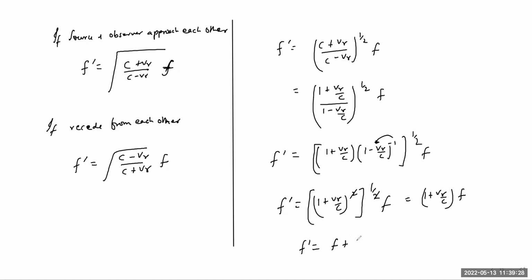F dash is f plus Vr by c into f, and I can take f this side, so f dash minus f, or the frequency shift, delta f by f, we write as Vr by c. You can choose plus or minus, that's all. So we derive from one particular case. In general, we write Vr by c.